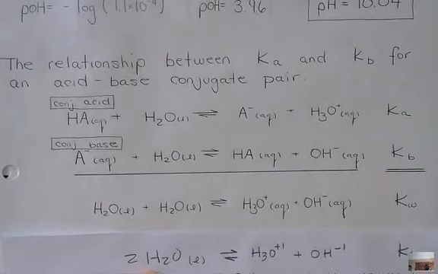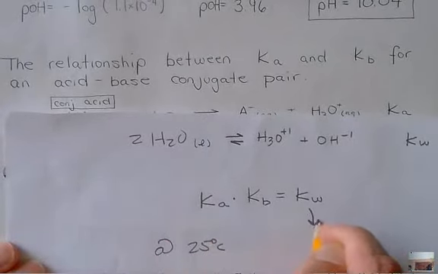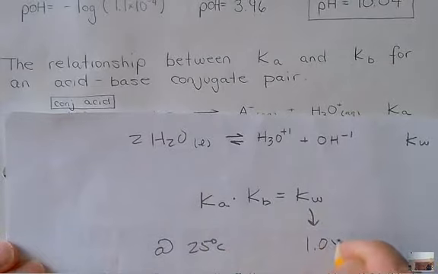So we have just proven that the Ka for an acid multiplied by the Kb for its conjugate base is equal to Kw. If we're doing this at 25 degrees, we know the value of Kw is 1 times 10 to the minus 14th. So that's pretty powerful.